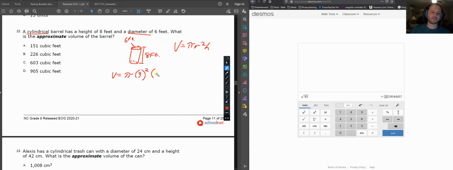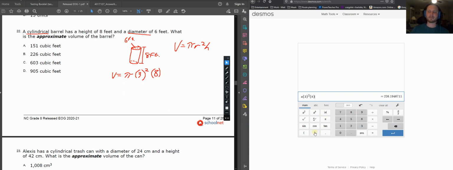Squared times the height, which is 8. Now we can honestly just type this directly into our calculator. It even has a pi button for us, but let's see if that pi button is doing what we want it to do. So we have pi, parentheses, 3, close parentheses, squared. Then we have open parentheses, 8, close parentheses.